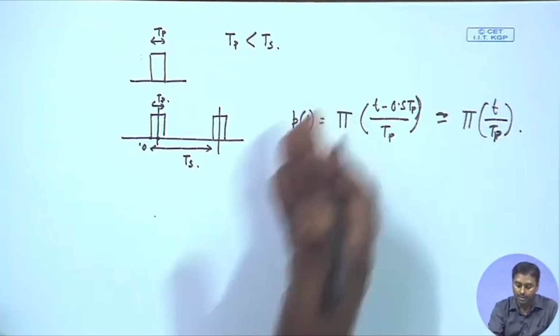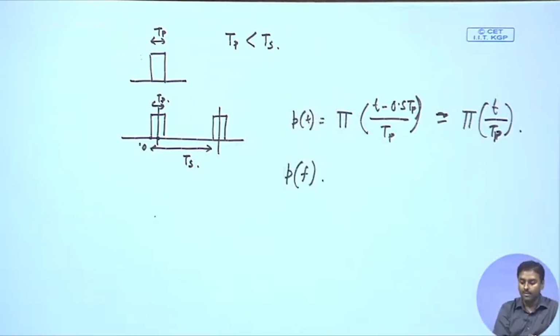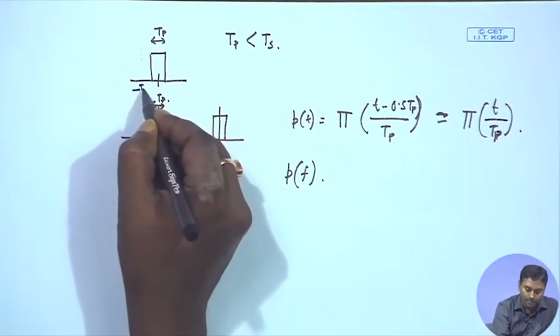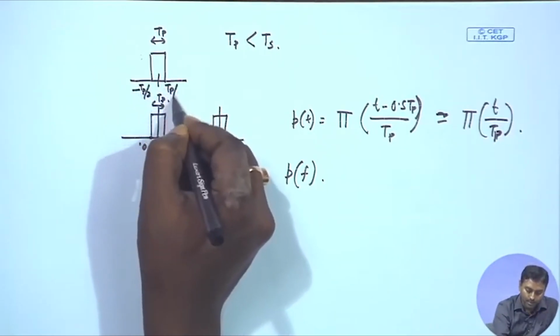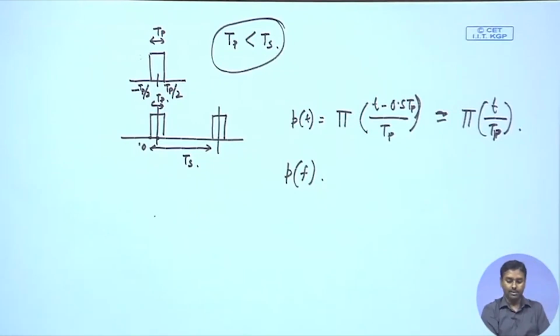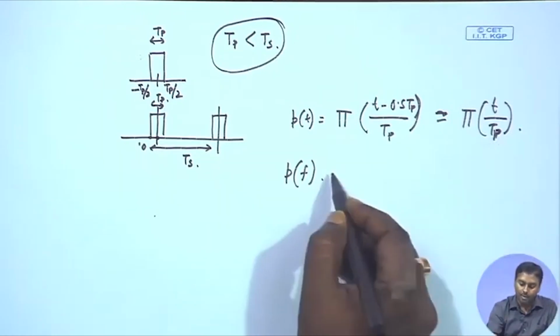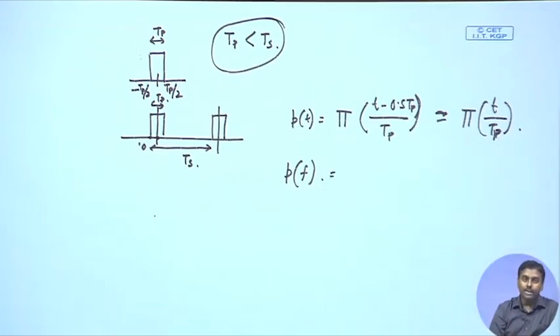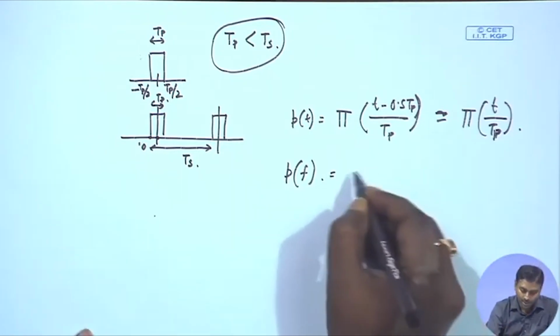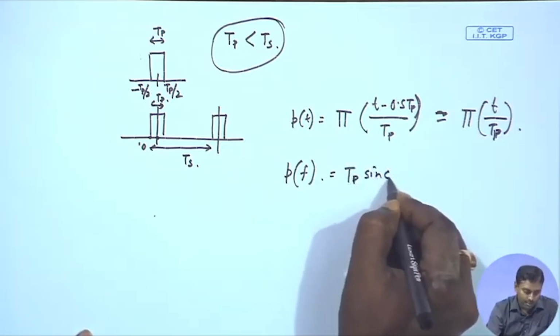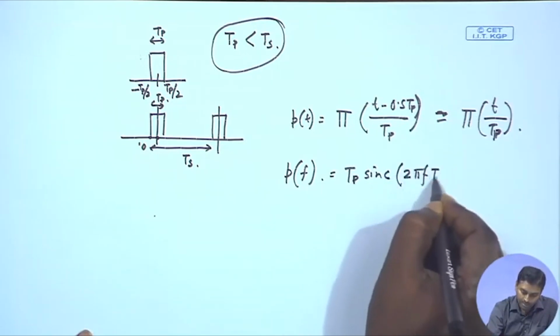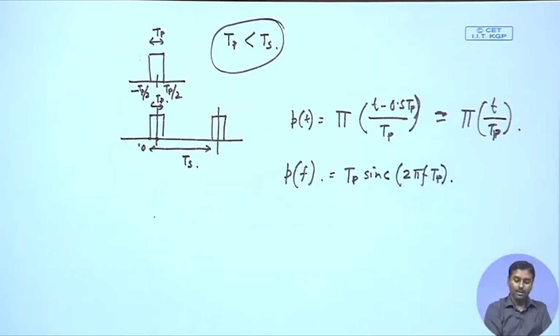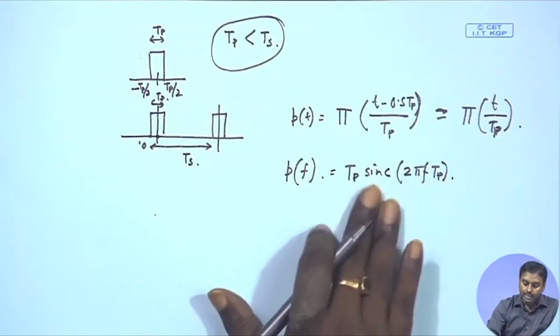It is not repeated; it is the single pulse we are describing. It is a box function centered around 0 with a width of T p, defined from minus T p by 2 to plus T p by 2. Since this is a box function, I will get a corresponding sinc function P f, which should be T p sinc 2 pi f T p. Fine, this is my P f.